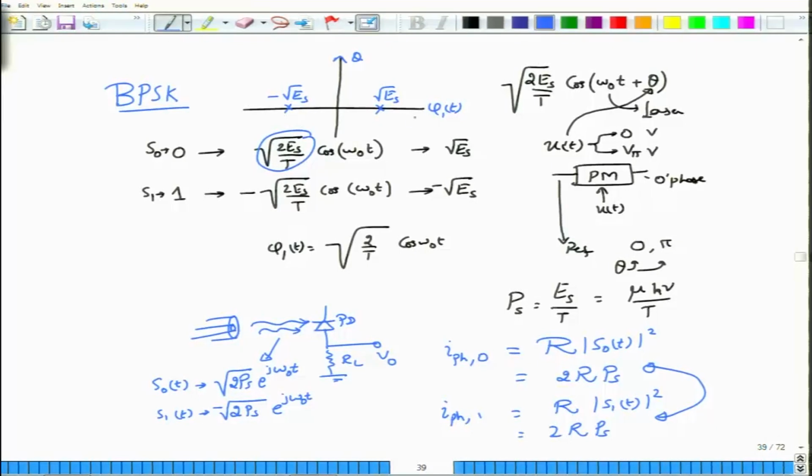My information is actually in the phase, whether I am transmitting a plus carrier or a minus carrier, that is, phase 0 or pi, is what determines whether I have received a bit 0 or 1. But if by putting a simple photodetector I am not able to distinguish between the 0 phase signal and the pi phase signal, then this entire detection system is useless, right?